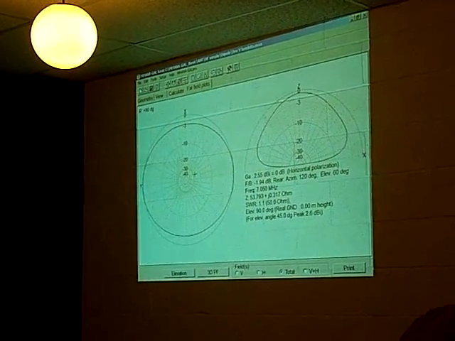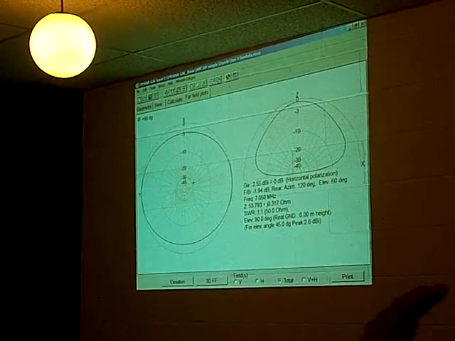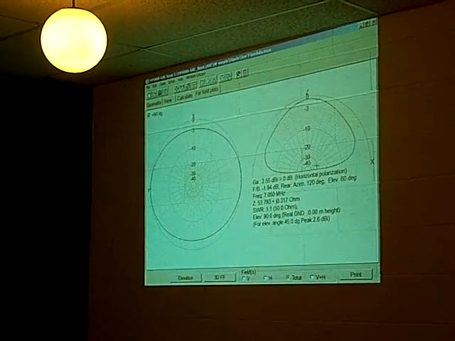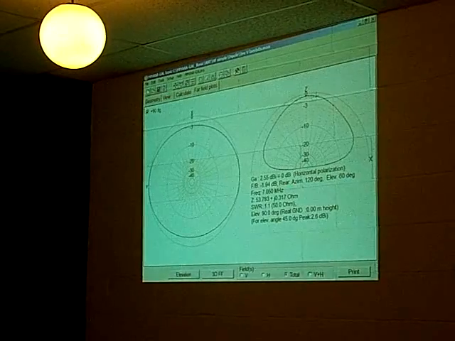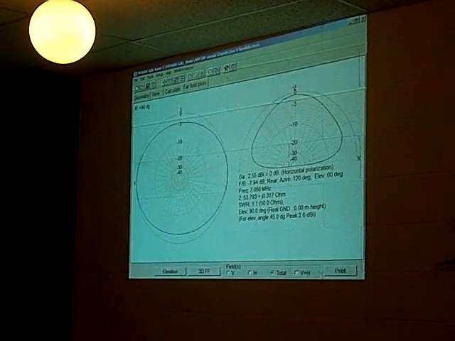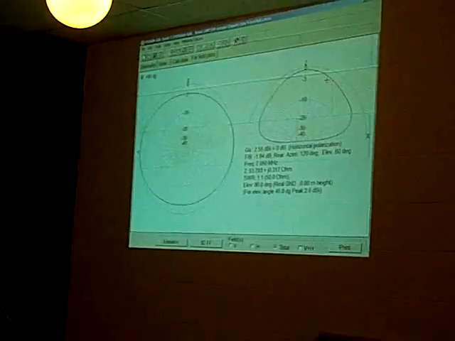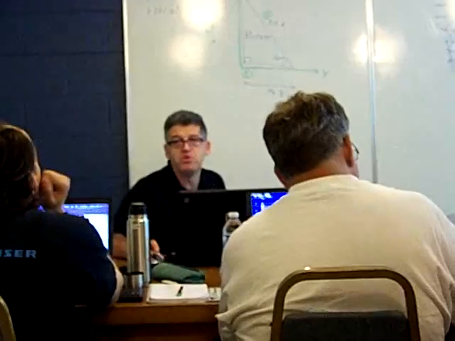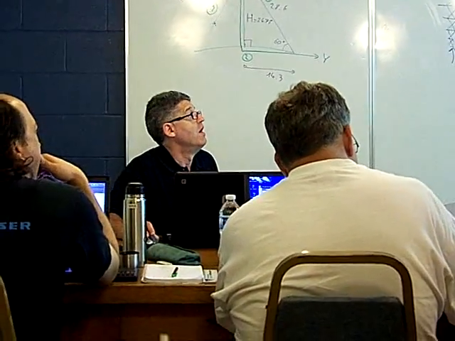Wow, that's interesting. So you see, when the dipole is low, you have a maximum of radiation at the high angles. So many people have decided to use those antennas for short distance communication.